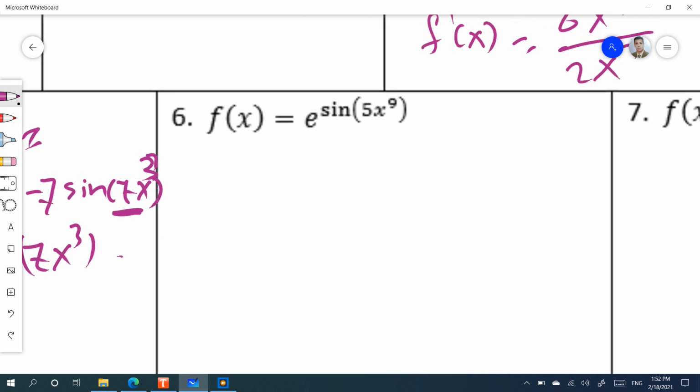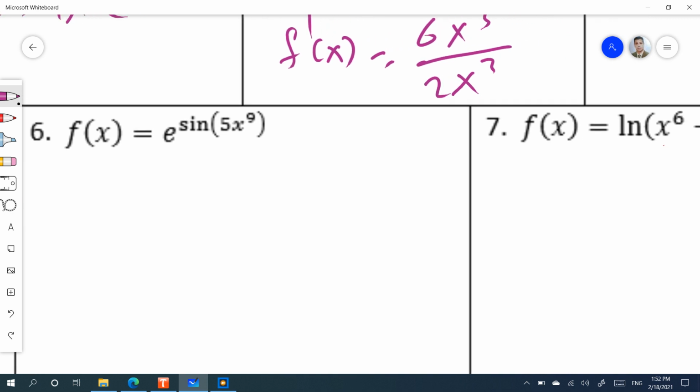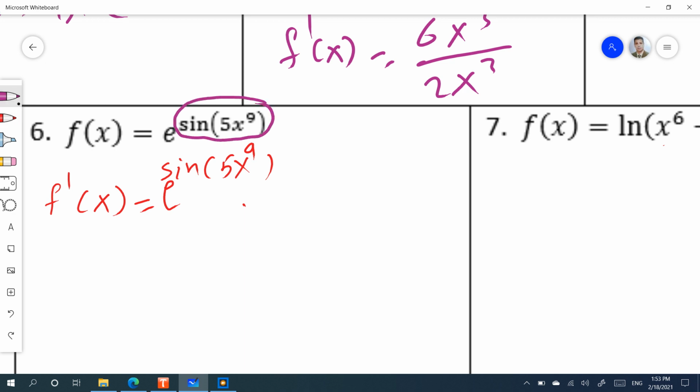We get another function. It is the same. The derivative of this function equals first the exponential function, the same without change. It is equal to the exponential to the power sine 5x to power 9, ln e equals 1, and we derive this part.